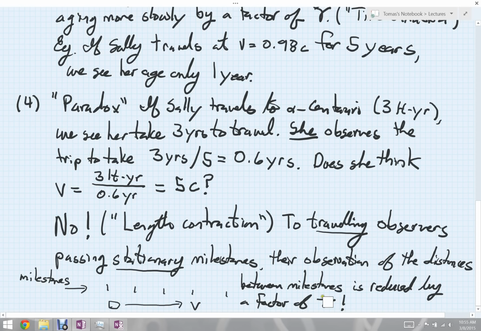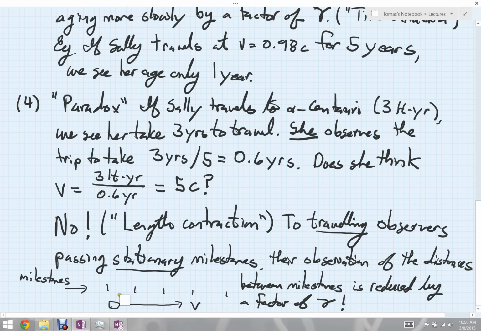So she could think of the Earth as one milestone and Alpha Centauri as the second milestone. And the distance between them, when she was stationary compared to them, and as we see them as stationary observers, is 3 light years. But she's going to see them as moved closer together. The length will be contracted by her factor of gamma, or her factor of 5.